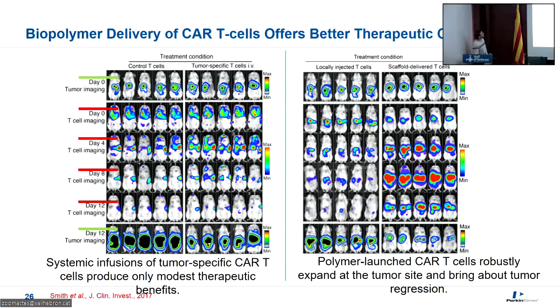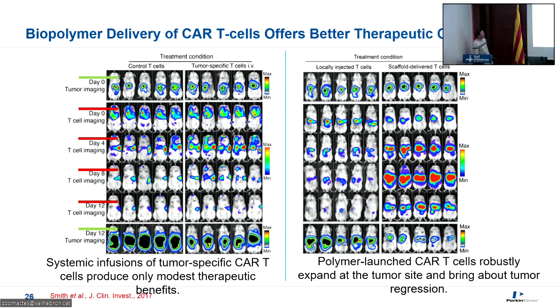And you can see that when you are using untransduced T cells, we have a huge tumor growth. It's reduced using T cells injected IV, but it's way better using a local injection, although it's almost the same as the IV one.